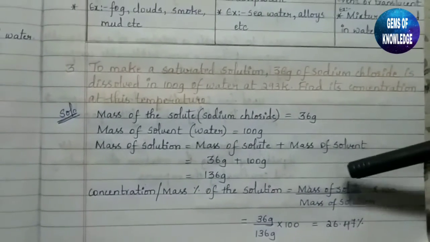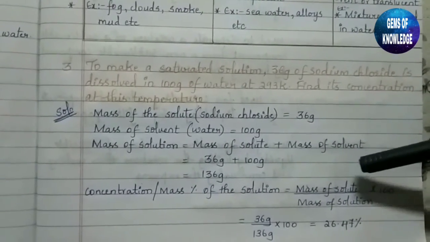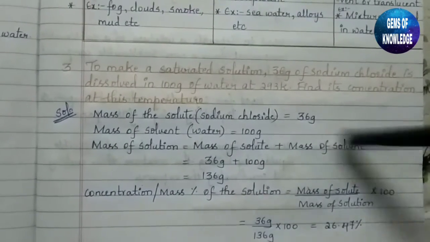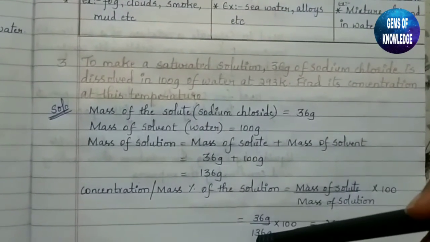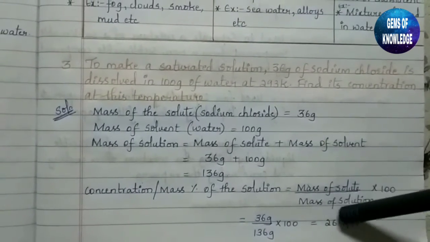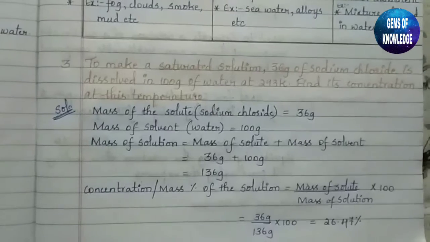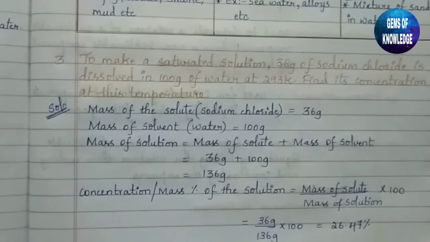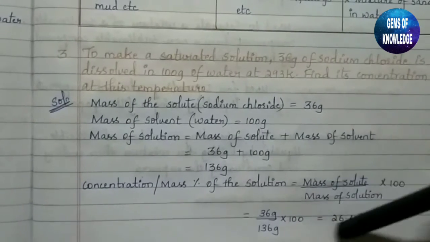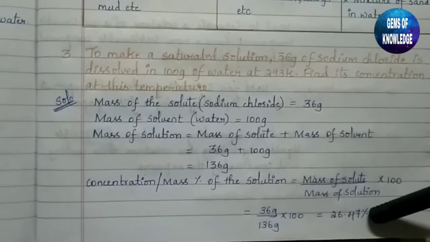Both are similar. So what is the formula here? Mass of the solute divided by mass of the solution multiplied by 100. So 36 gram divided by 136 gram, multiplied by 100, equals 26.47 percent. This is nothing but the mass percentage of the solution.